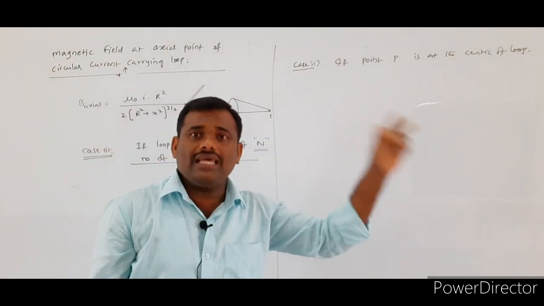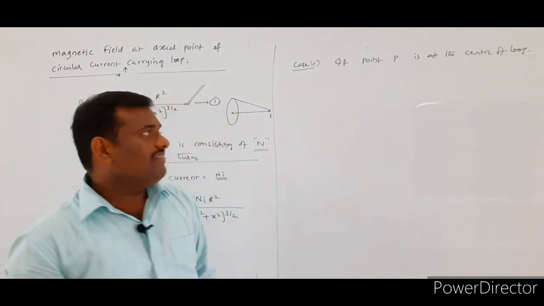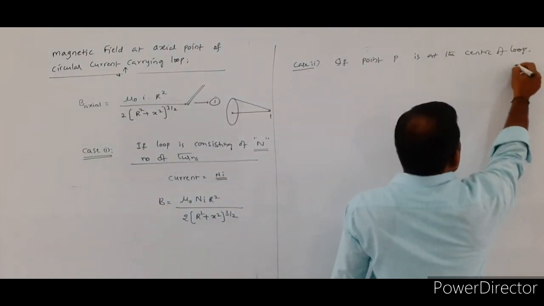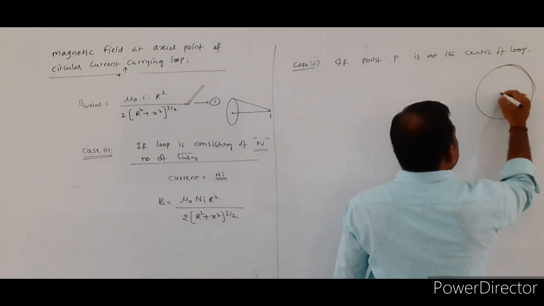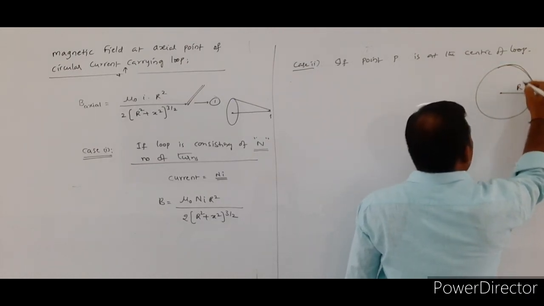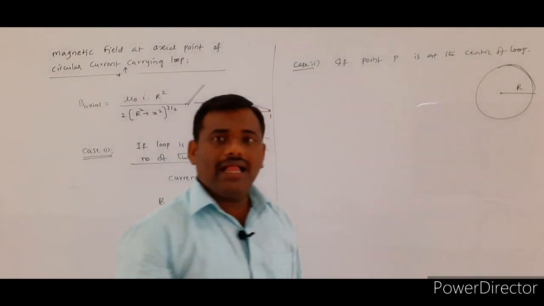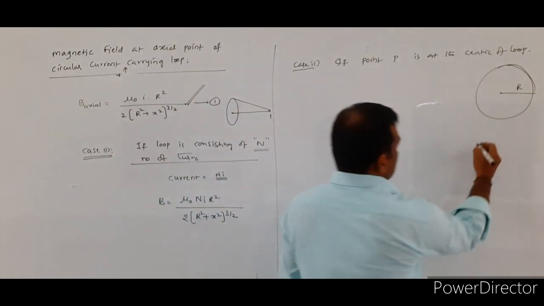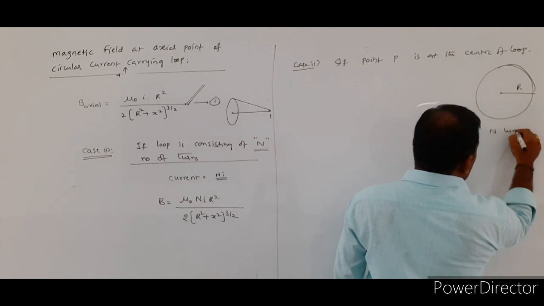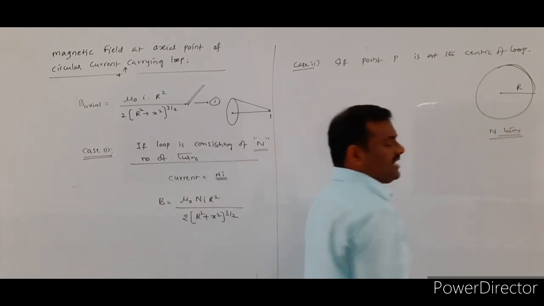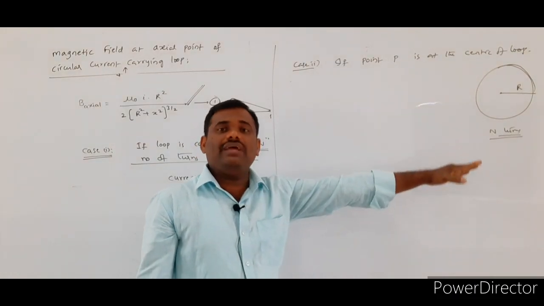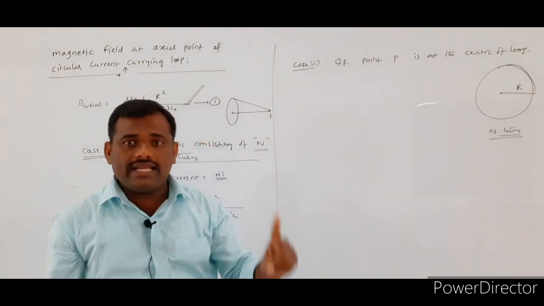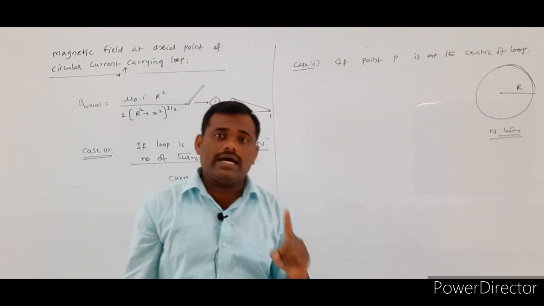So that is nothing but, they are asking, if you consider a circular current carrying coil having radius R, and it also consists of N number of turns, then find the magnetic field intensity at the center of the circular current carrying coil.